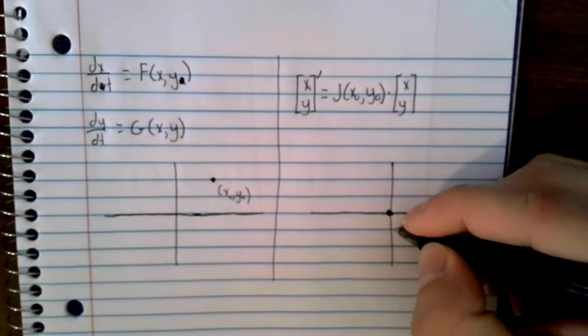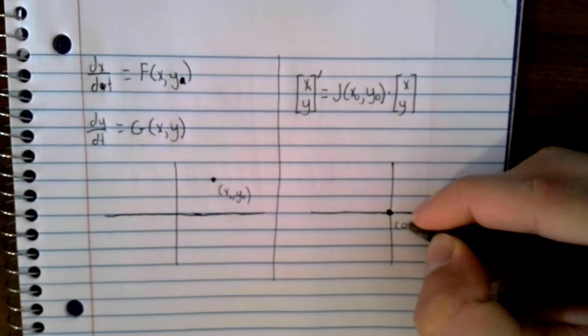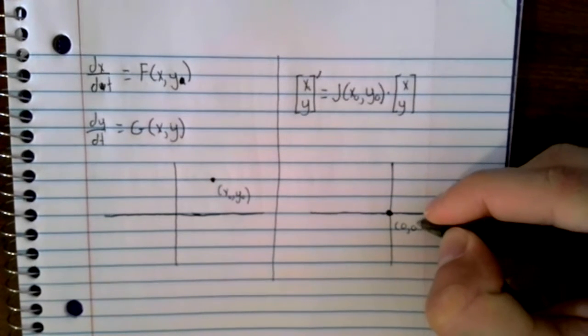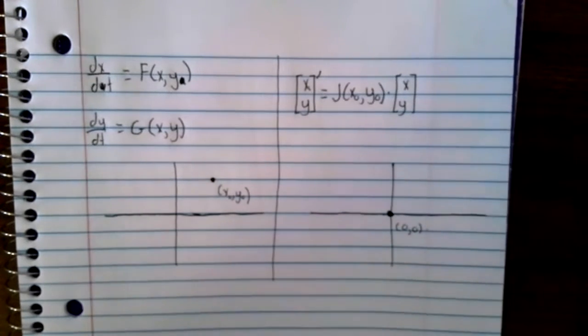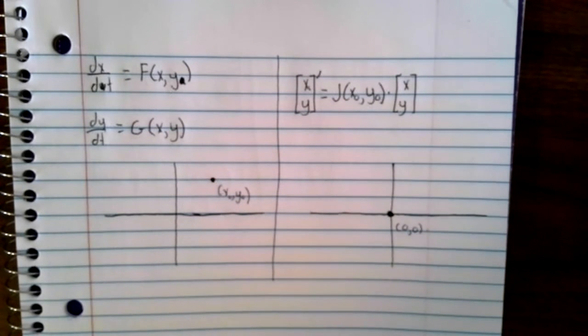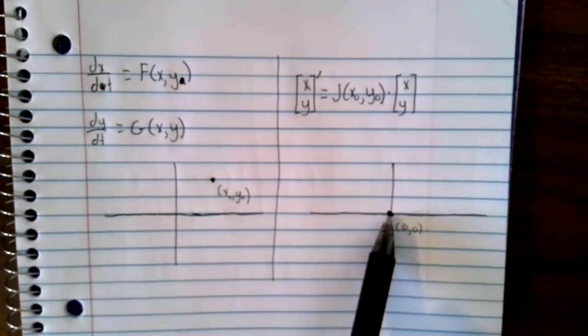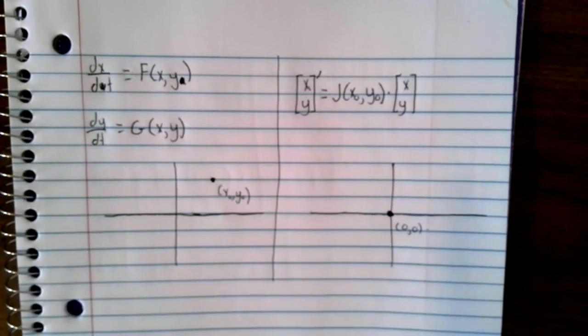This has a fixed point at the origin. And we can find the stability of this fixed point.